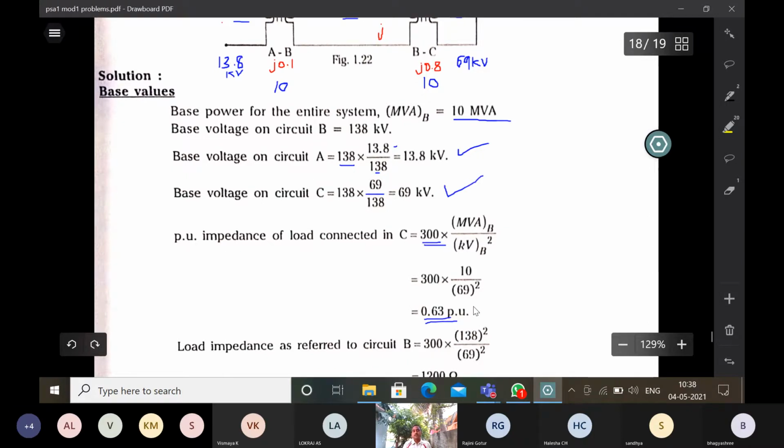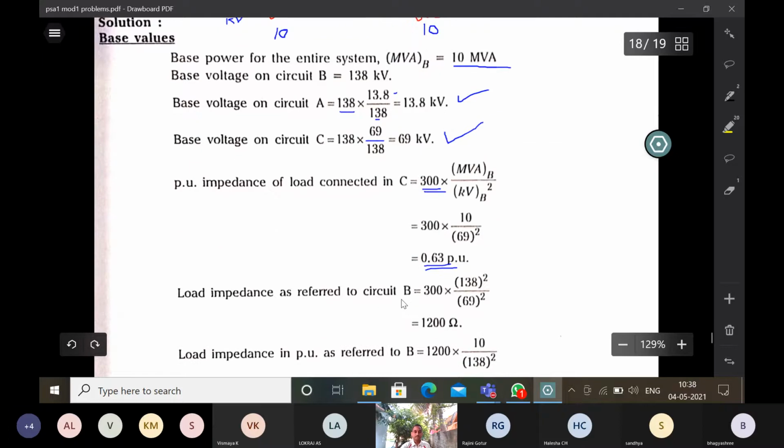So this gives 0.63 per unit. Okay. And similarly, the load impedance referred to circuit B. So here we want to calculate the K value. K is equal to what? V2 by V1, right?